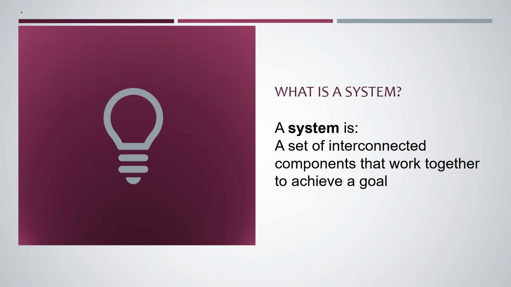By this we understand that these parts are interacting with each other and achieving a goal. So there should be a purpose for which those parts are working. Okay, so a system is a set of interconnected components that work together to achieve a goal.